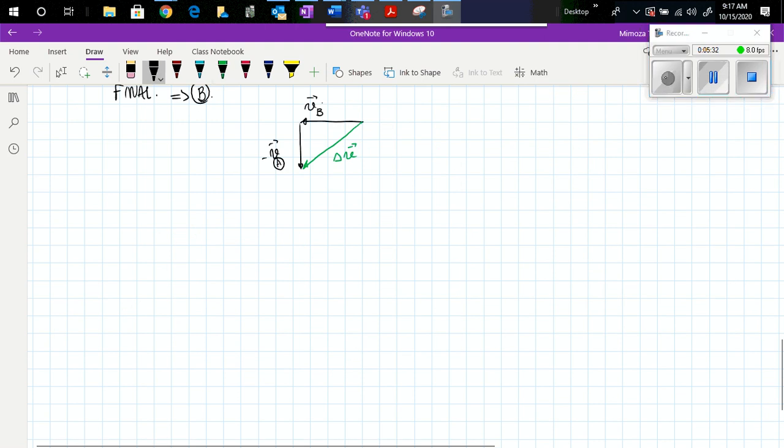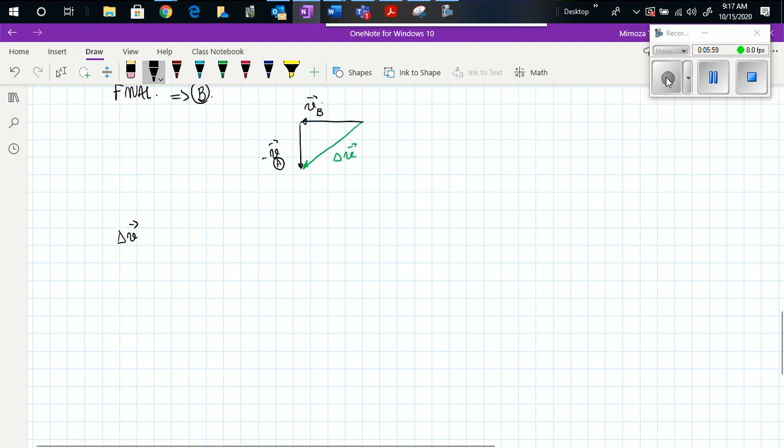Now, since we have the change of velocity at any moment, we took those two moments to make it visible, but at every single moment that the object is moving in a circle, the change of velocity between two points on the circle will appear.